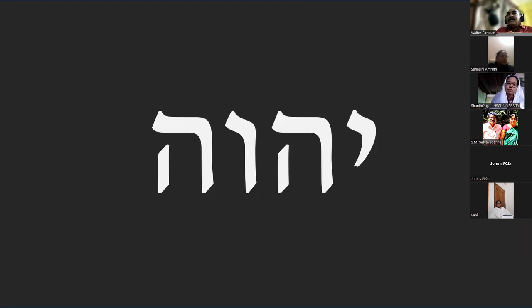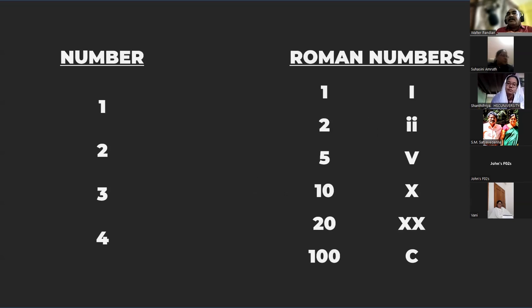Now, every alphabet has a value. Now let us come to this. When we write a number, we write in this fashion: 1, 2, 3, 4. If I make you write in Roman numbers, for 1, what will you do? You will write I. For 2, you will write II.